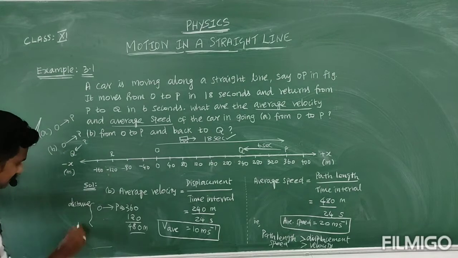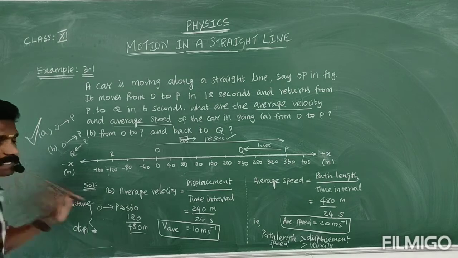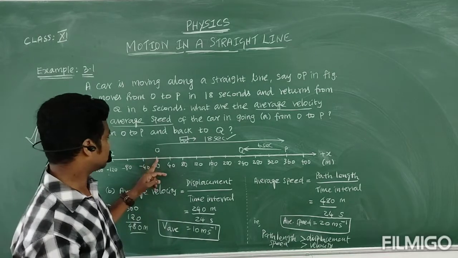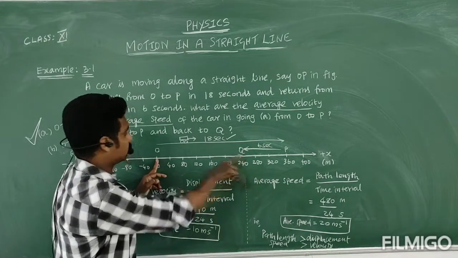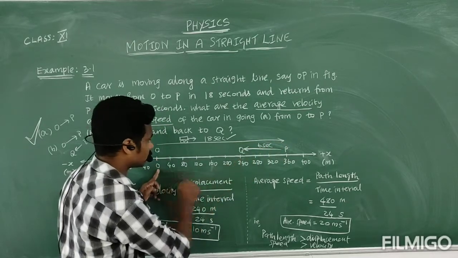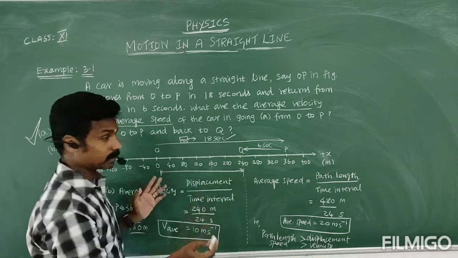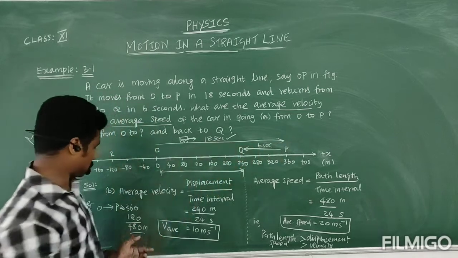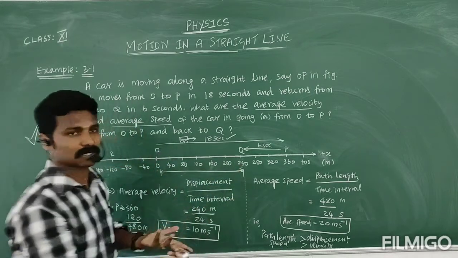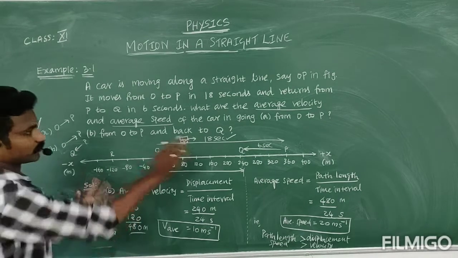But displacement means the shortest distance between two points. The initial point is O and the final point is Q, because it goes O to P and again P to Q. The actual path covered by the object is 480 meters, but the displacement is 240 meters. This is the idea from the diagram.